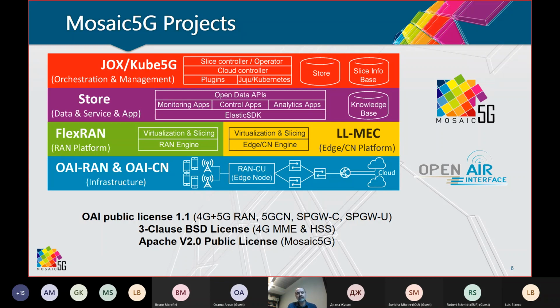Then we have a store. The idea is having a network store similar to the app stores that we have for devices for Android and iOS, whereby we have a set of software development kits on the top of the northbound APIs of FlexRAN and LLMEC, where you can build monitoring apps to get the data from FlexRAN using the REST API of FlexRAN, and using the LLMEC REST API to get some monitoring on the core, combine it and make some decisions or observe some behavior, some trend, and so forth.